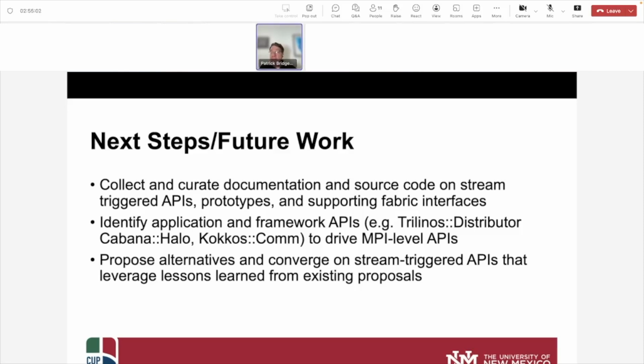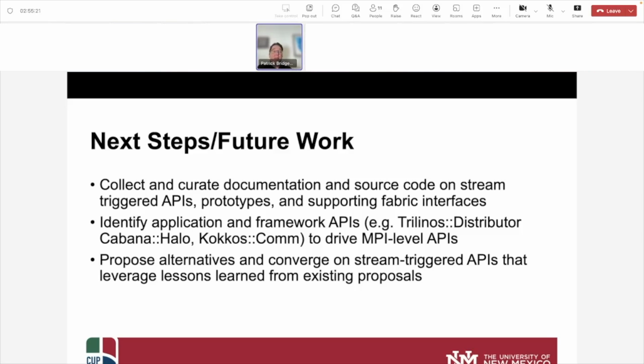But where we need to end up going is just doing the hard work of proposing alternatives, debating what we should be doing, arguing with each other, which we in the MPI community really don't like doing at all, and converge on stream-triggered APIs that leverage the lessons learned from existing proposals.